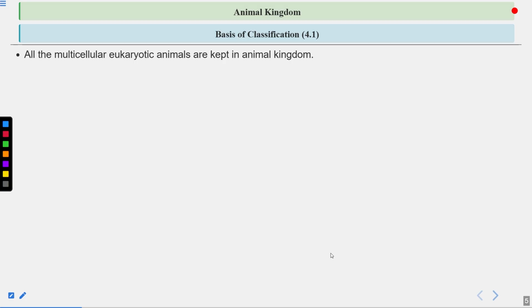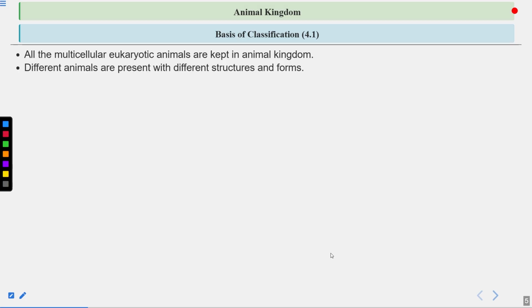Multicellular, because all the unicellular eukaryotic organisms were already kept in the kingdom Protista. And for the multicellular eukaryotic animals, we keep all of them in the animal kingdom. So today we are going to study the animal kingdom.